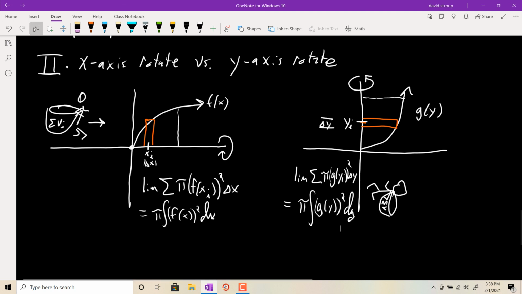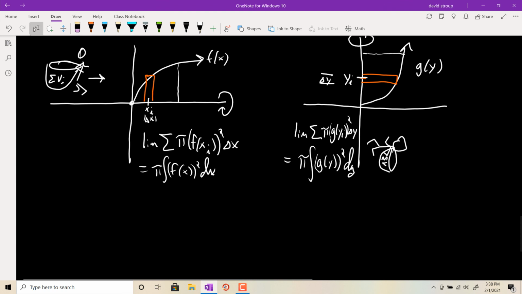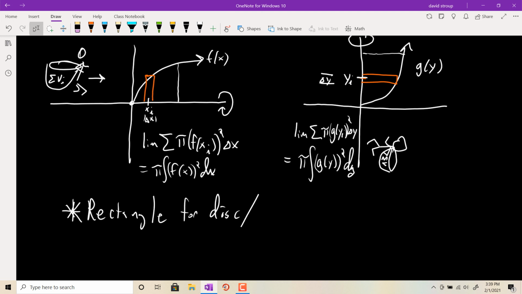One thing I've noted in my notes to remind you of was the rectangles for this method of discs or washers, because it's going to change once we get to the next method in the next section, what's called the shell method.